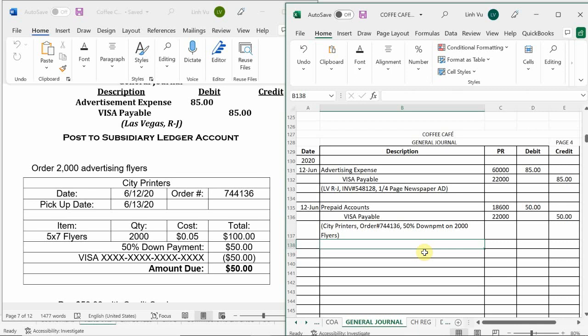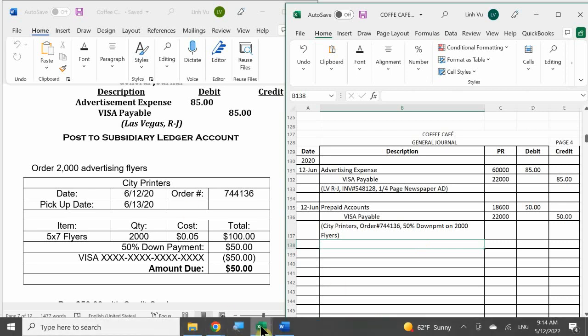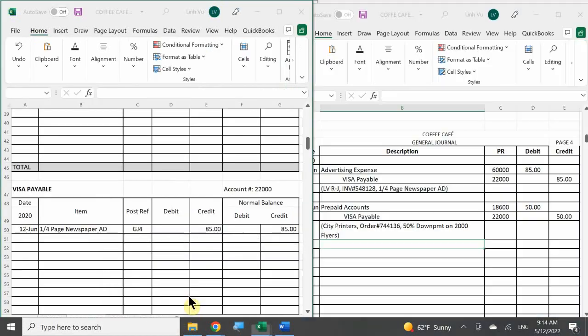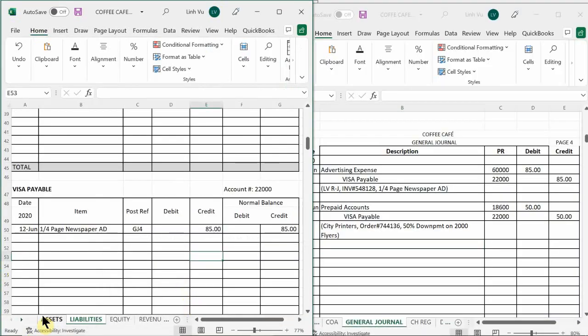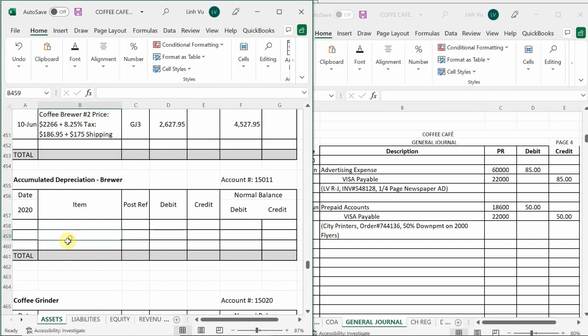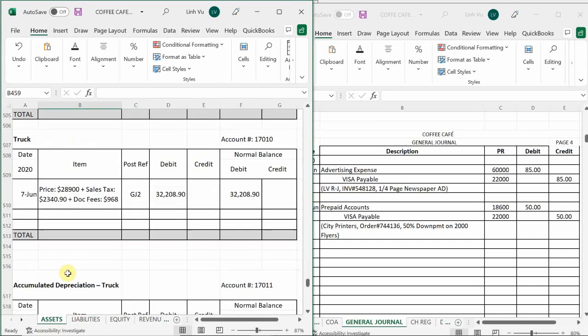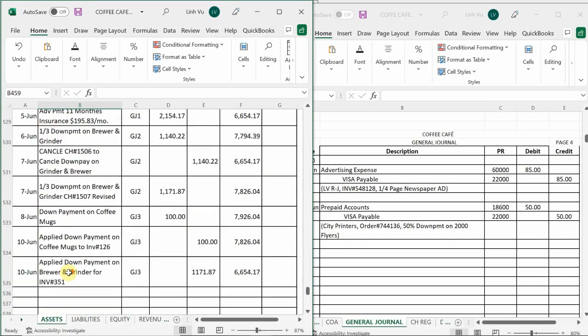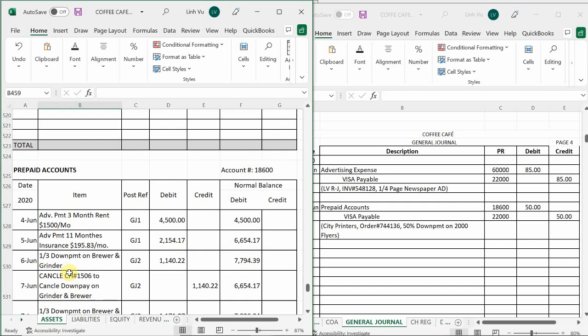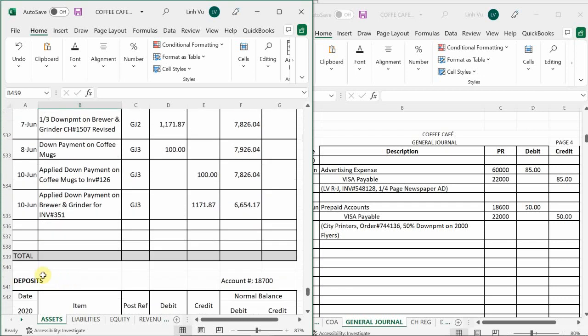Okay? So in this case, let's go ahead and plug our numbers into our ledger because now I owe more money on my credit card. So I'm going to my prepaid first. So here we go. Prepaid accounts. It is the 12th, and what did we buy?